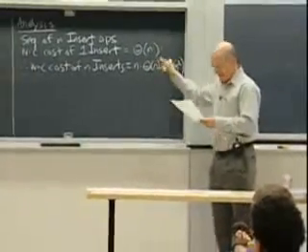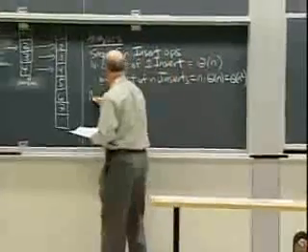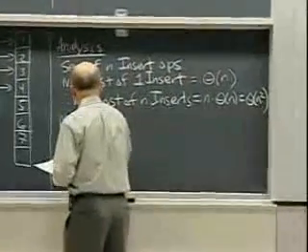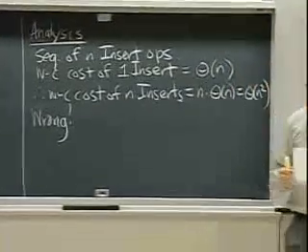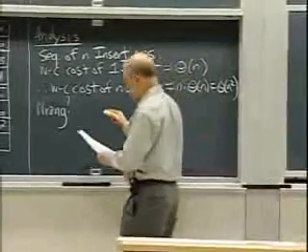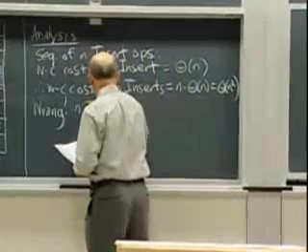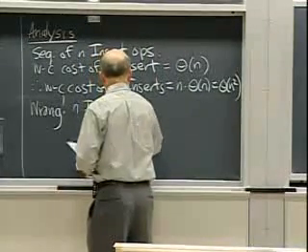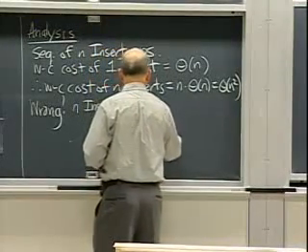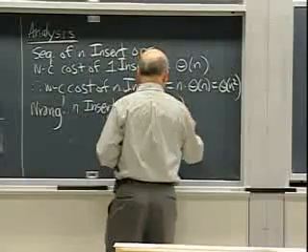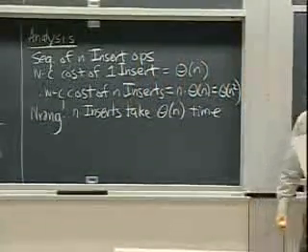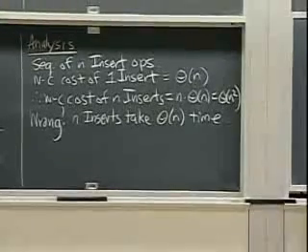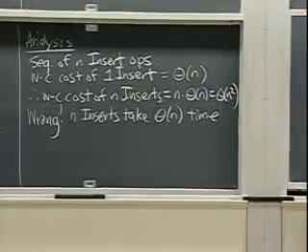Good. Okay? And in fact, this is totally wrong analysis. Just because one can be worst case order n doesn't mean n are necessarily order n. Okay, so this is totally wrong analysis. N inserts, in fact, take order n time in the worst case. Okay? Doesn't take order n squared.